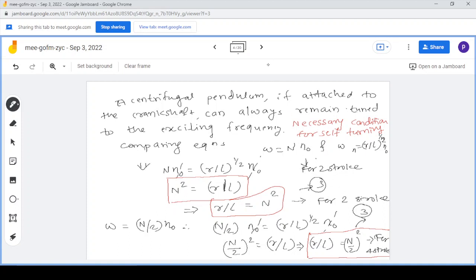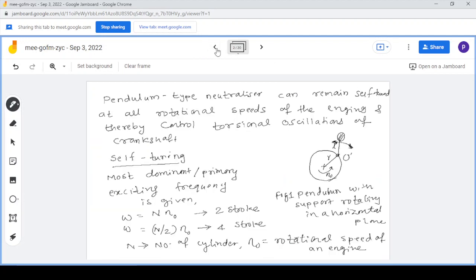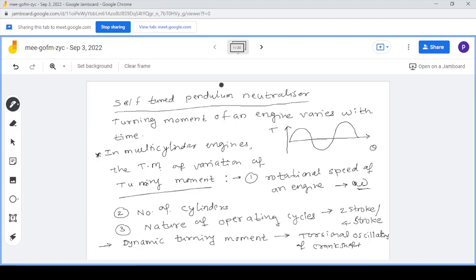Okay. So how did we obtain this? Let's revise. First we considered a self-tuned pendulum neutralizer, right? What is the condition? In a multi-cylinder engine, the turning moment varies with rotational speed of the engine, number of cylinders, and nature of operating cycles.